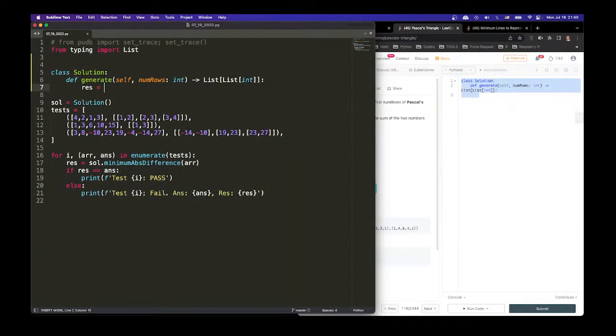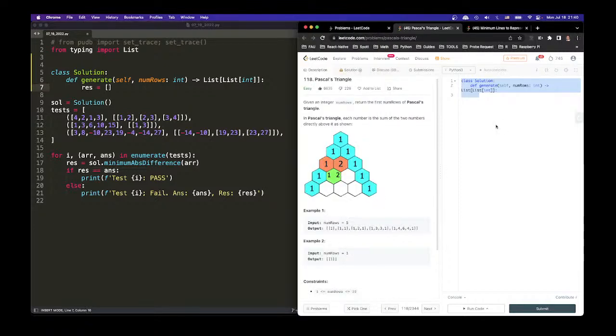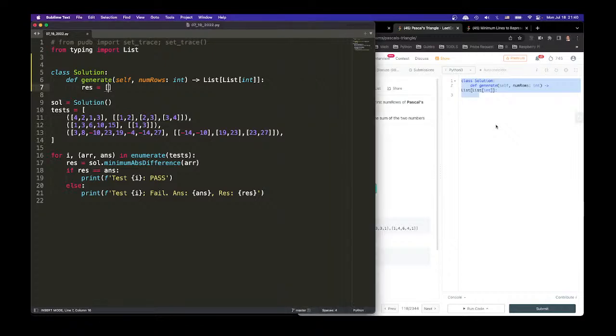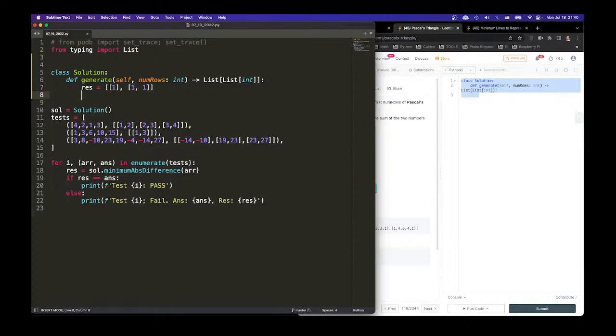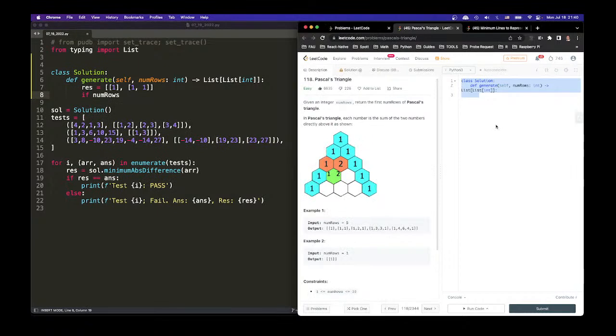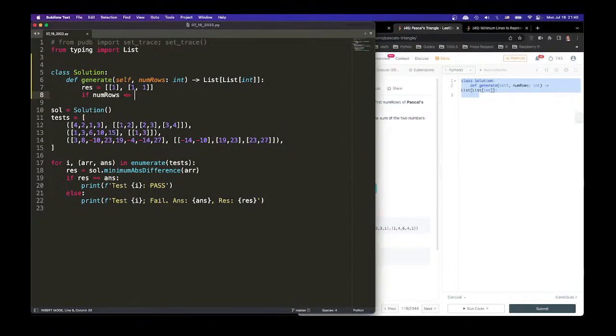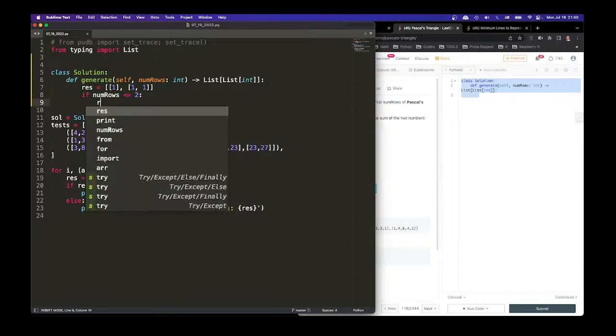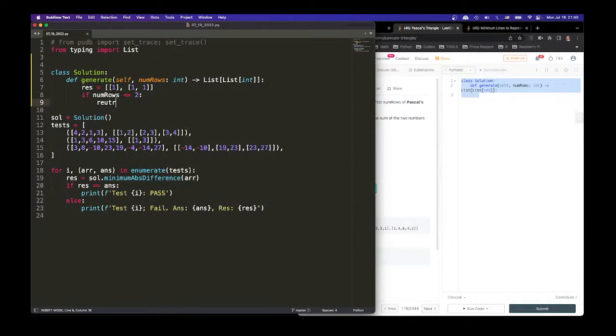Alright, so res equals this. Actually, first 2, we need 1, 1, 1, right? If num rows is smaller or equal to 2, return res.